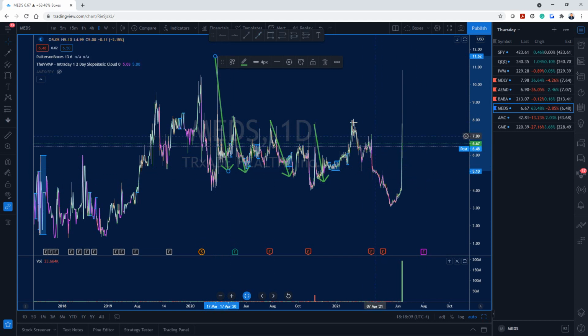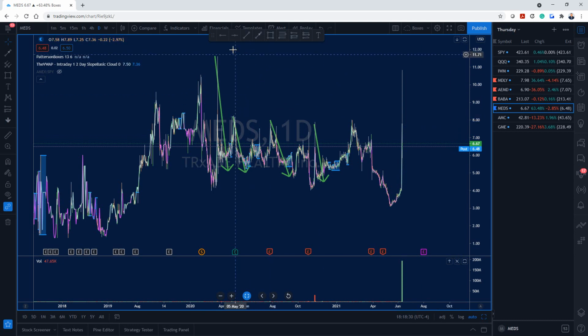So in this particular case, unless it cleared that high at 11.64, there was a high probability that it was going to fade based on its history. All right? So you wouldn't have wanted to overstay your welcome in this particular stock.